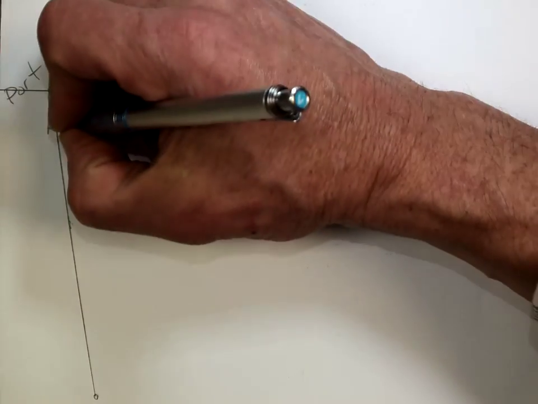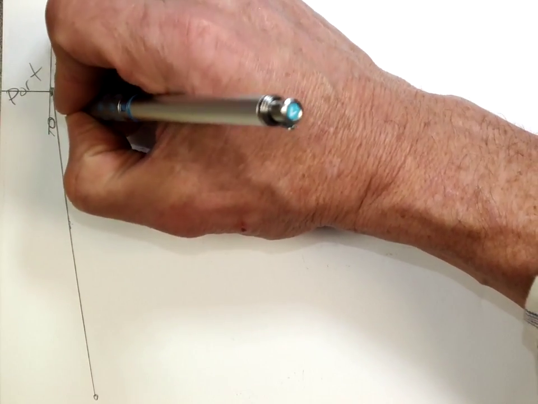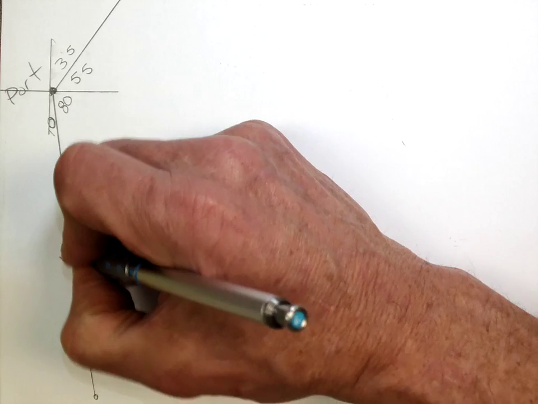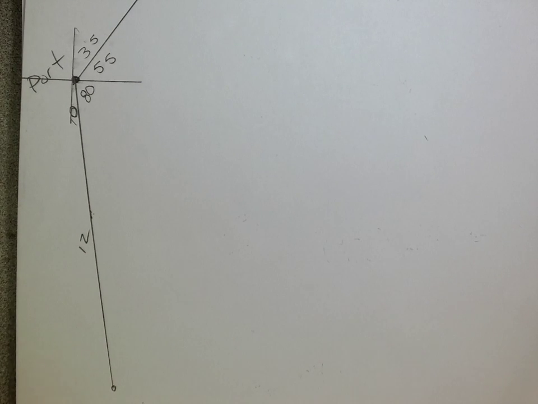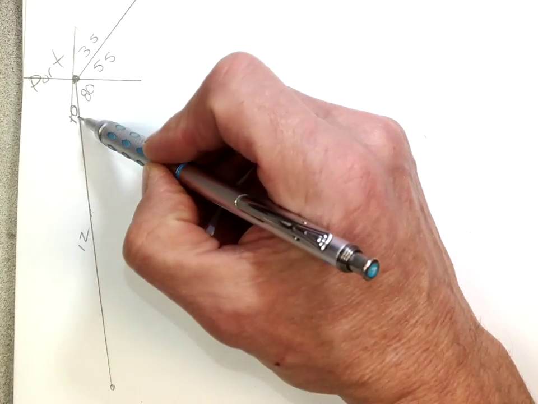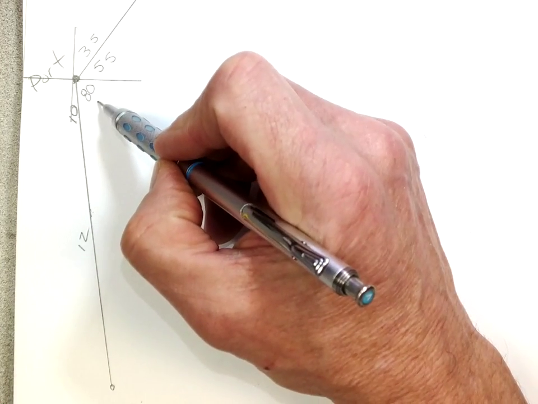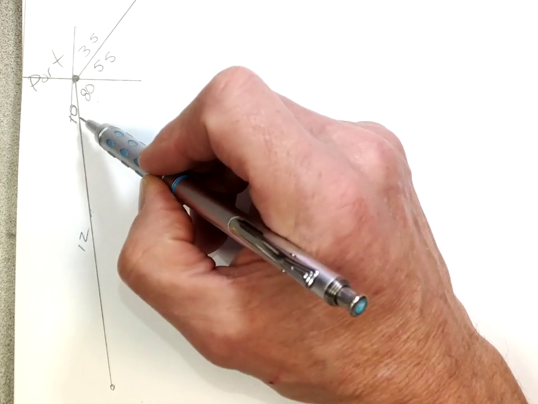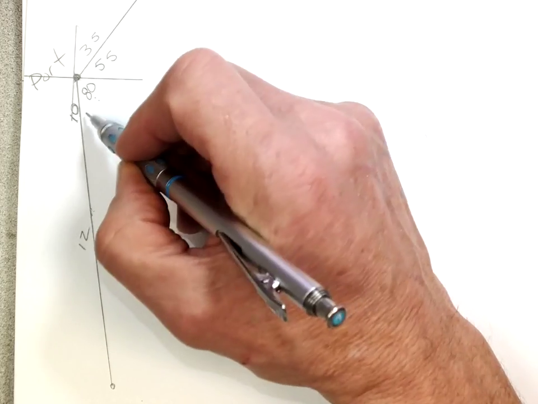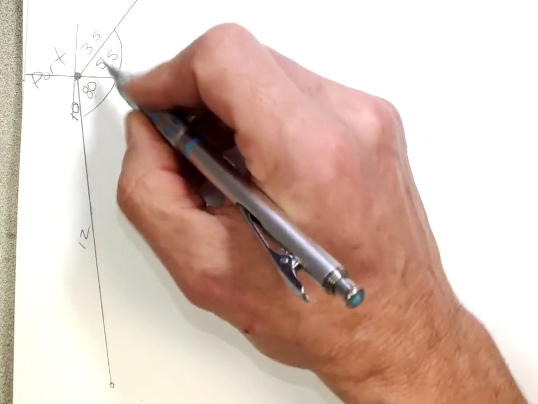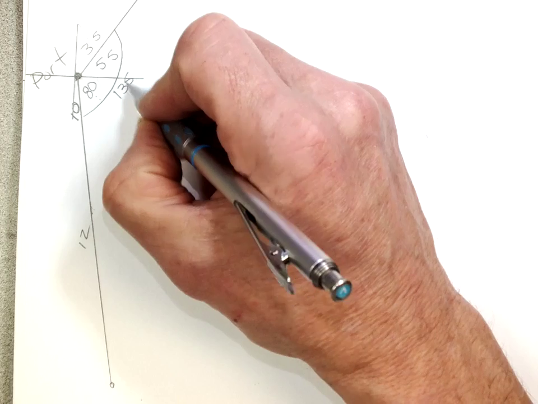So this is 10 degrees, which makes this 80 degrees, and this is 12, okay? 10 degrees goes there, which makes that 80, right? Because you got to make 90 degrees. So I put my 10 degrees there, and I put 80 there. So this entire central angle is 135 degrees, okay?